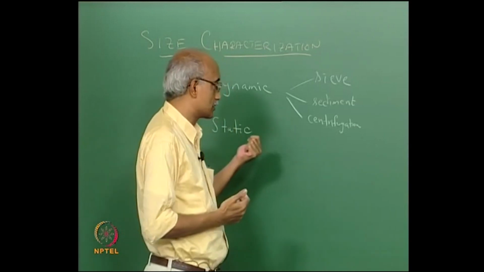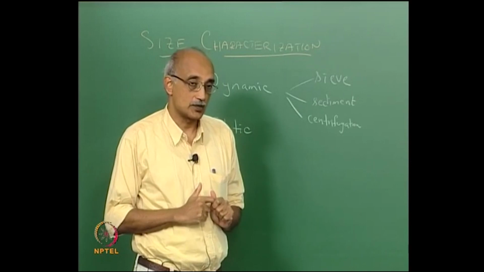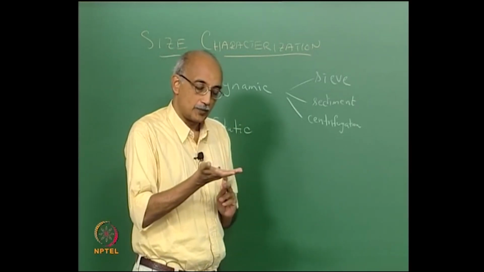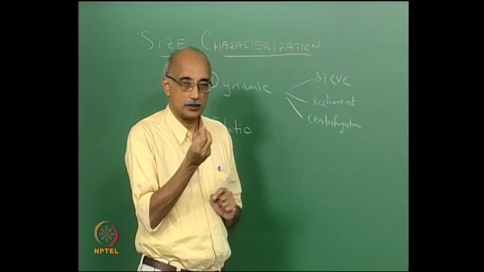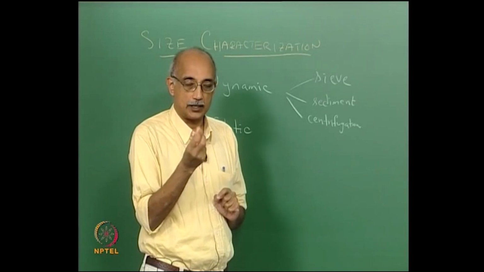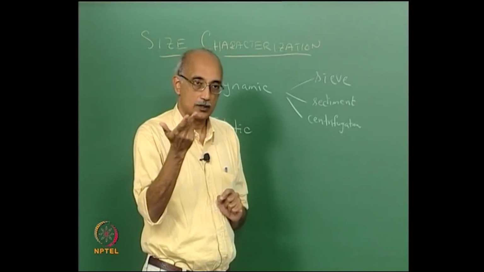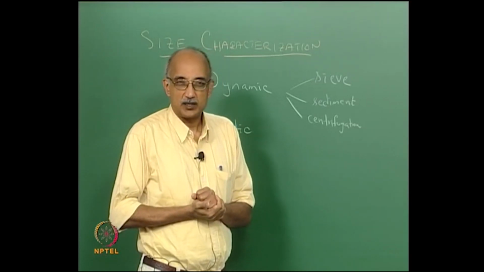So, in this case the property of the particle that you are using for size measurement is what? As you are vibrating the particle, you are simply making use of the fact that if the particle diameter is greater than the opening or the mesh size, it will stay. If it is smaller, it will pass through. Now, what mechanism is that?